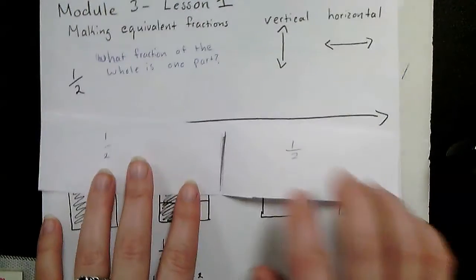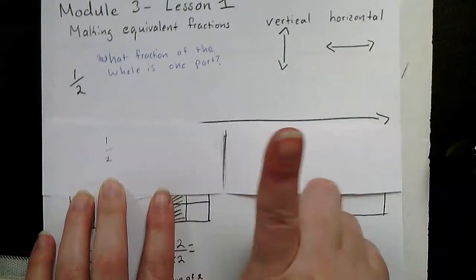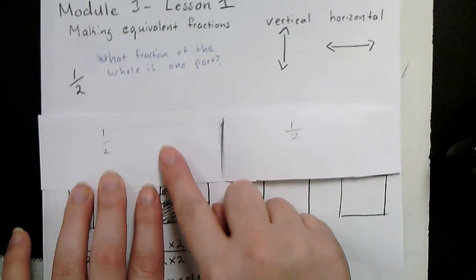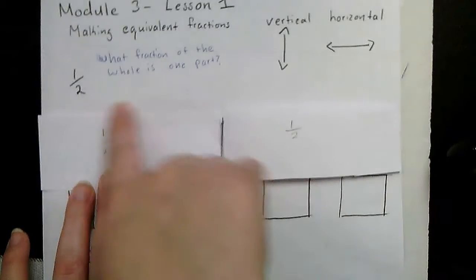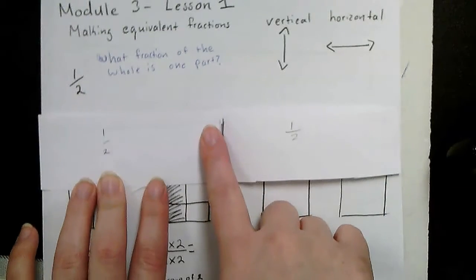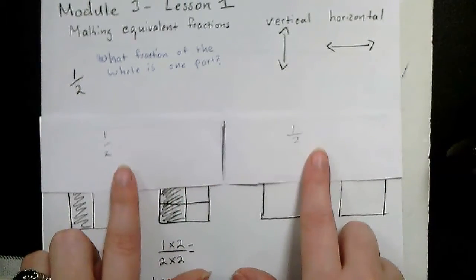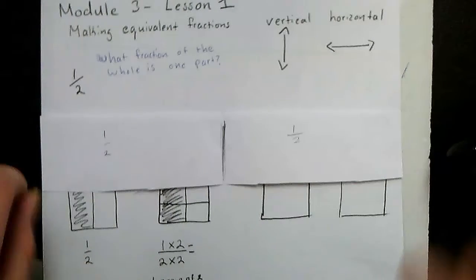So when I think about the question, what fraction of the whole is 1 part? I know that half is a fraction that makes up 1 part because I have 1 half here and I have a second half here. When I add those two together, I get a whole for my fraction strip.